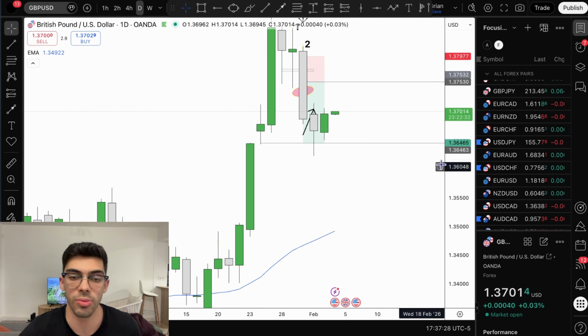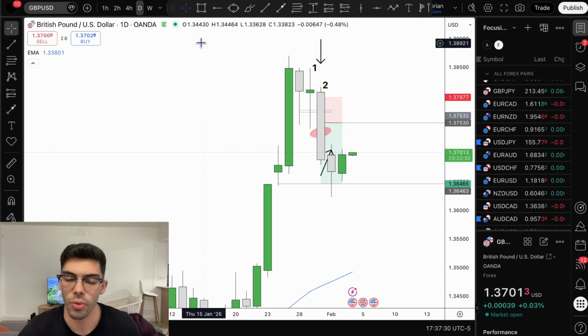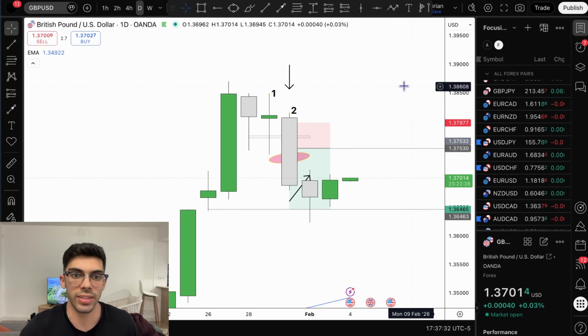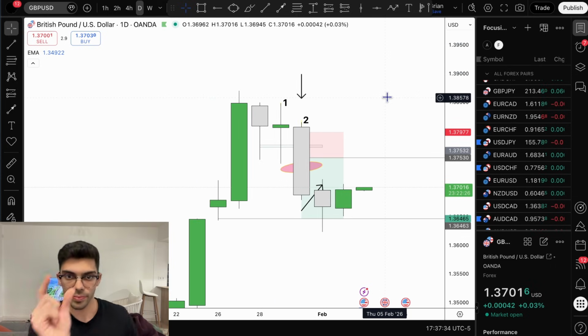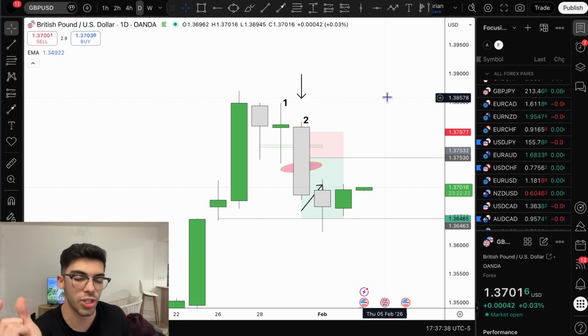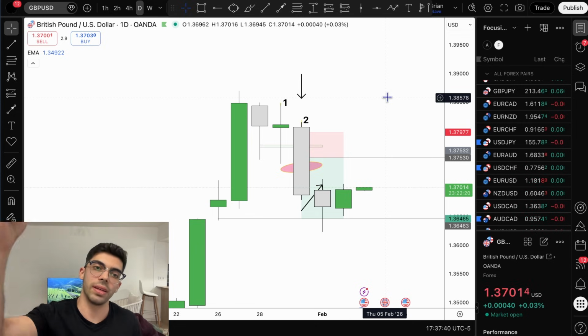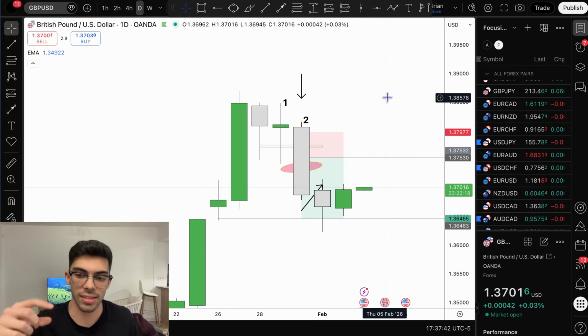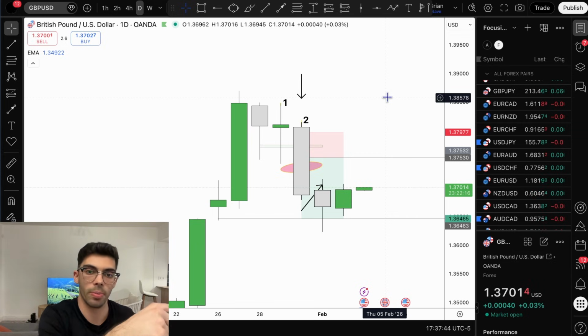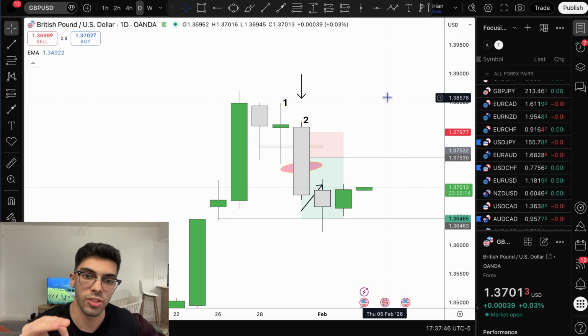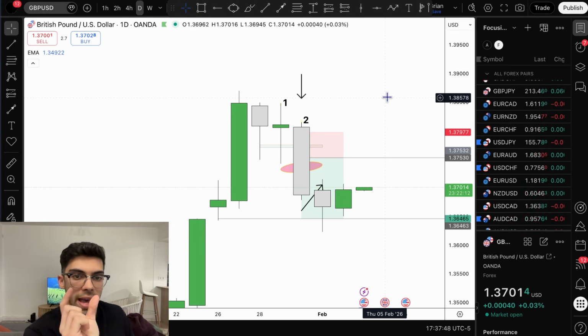On the daily time frame, it almost looks like you're fighting the trend, but what you have to realize is that on the daily time frame, what matters the most is the past couple of candles. The only exception is if you're entering at a major area of support or resistance, then it matters further back. But when it comes to price action, what matters is usually the past 5 candles.